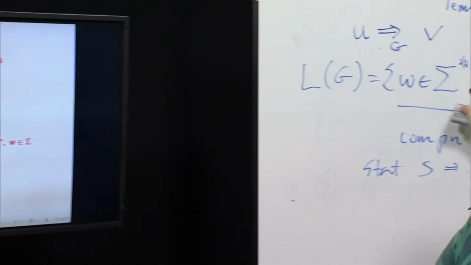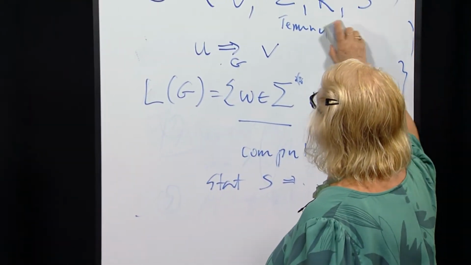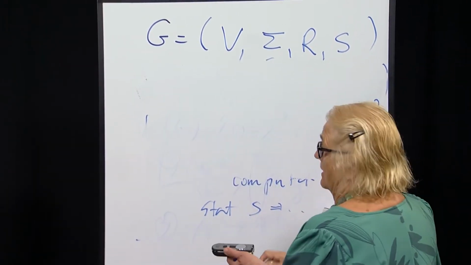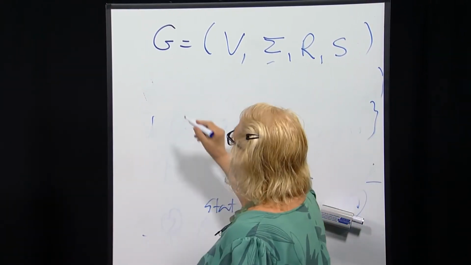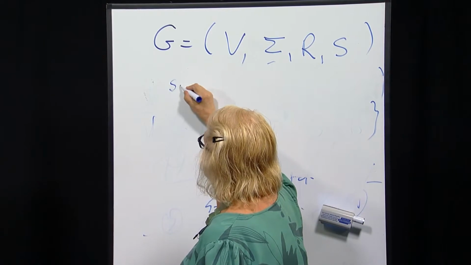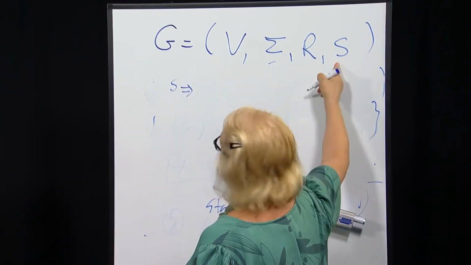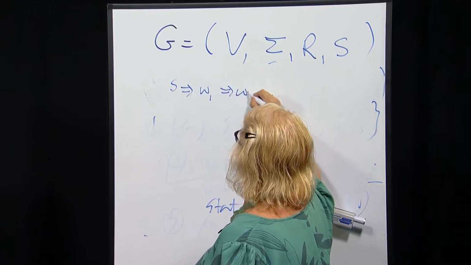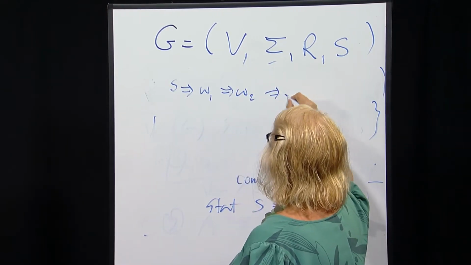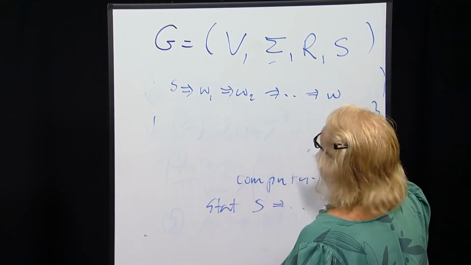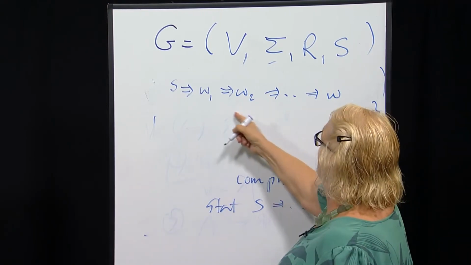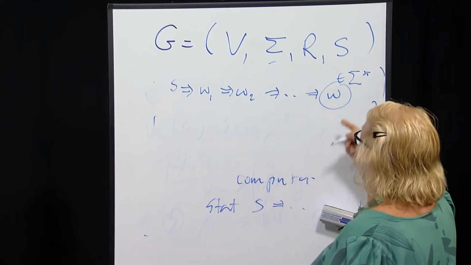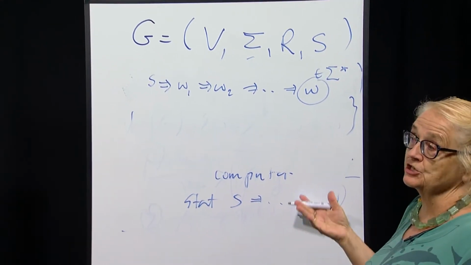But the computation, we will be writing in two ways. Formally, the computation is S: you have a start symbol, you derive some words, and then at the end you have W. So that is a computation or generation in a grammar.